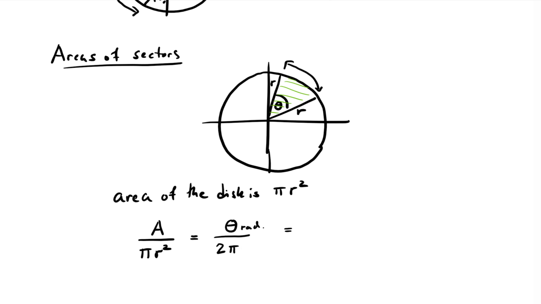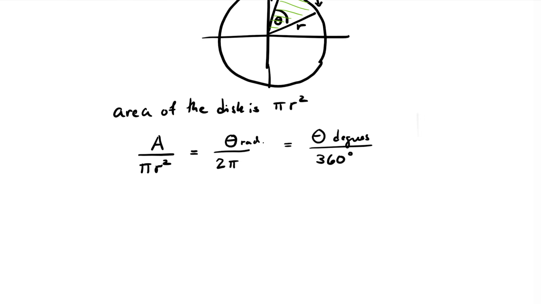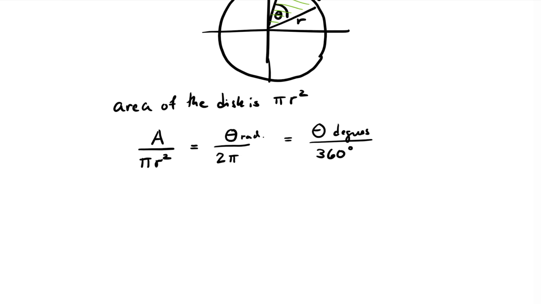If my angle is written in degrees, it would be the same ratio as theta over 360 degrees, depending whether my angle is in degrees or radians. So I can use this formula to find the area of the sector. If I'm working in radians, the formula is quite elegant. Solving for A, it's theta over 2 pi times pi r squared.